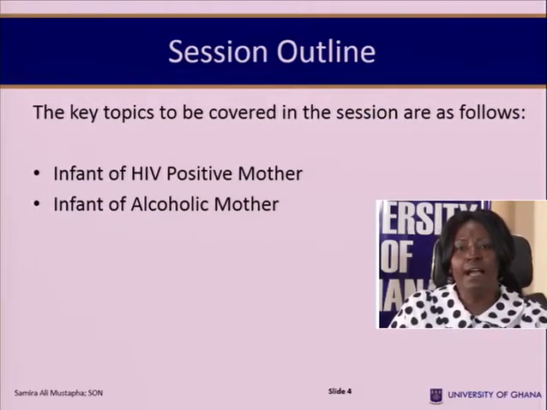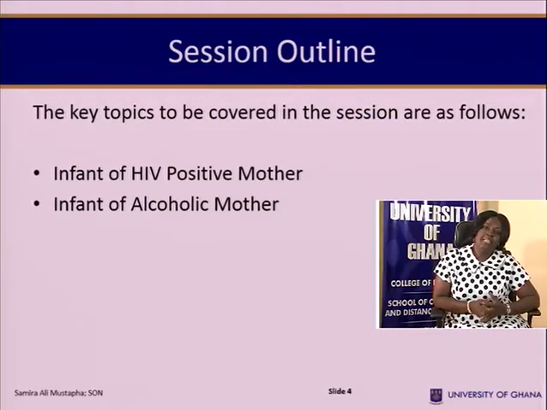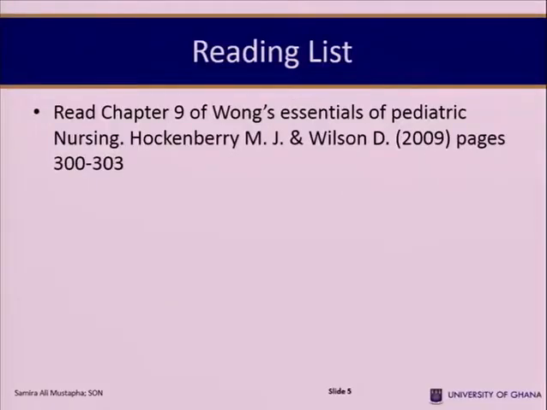The key topics we seek to cover are the infant of the HIV positive mother and the infant of the alcoholic mother. Once again, chapter 9 of our textbook will have this information available, and you could also review other articles online and add to your knowledge.